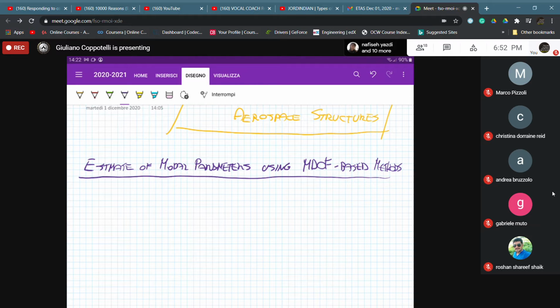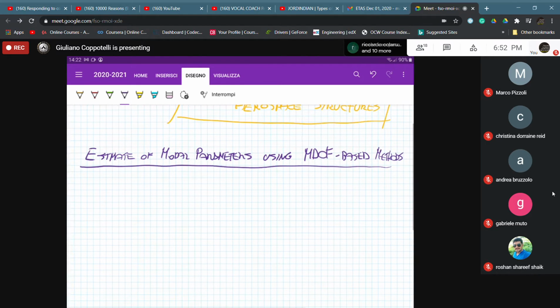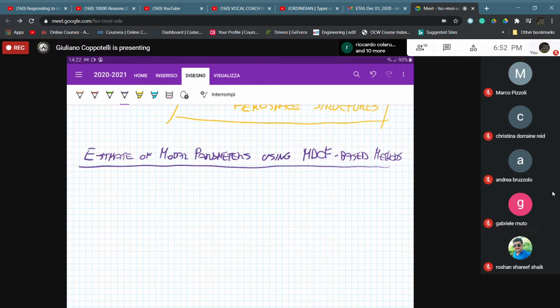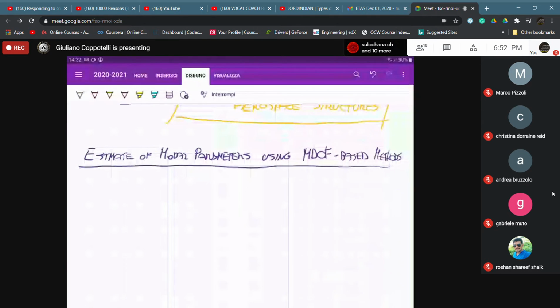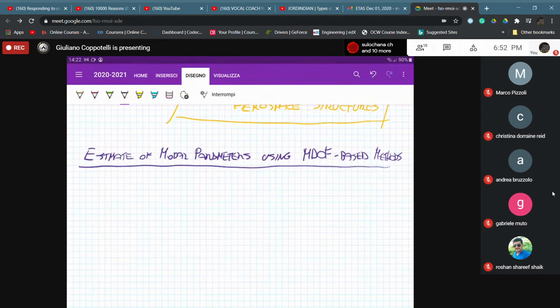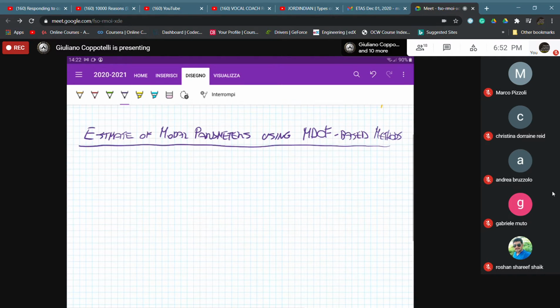Now, let's see what happens when we remove that hypothesis, and we consider whatever system characterized by more than one model parameter that is important, that is affecting your response at whatever point of your frequency range of interest. Before doing that, I would like to give you some remarks concerning the effects of the residual terms.